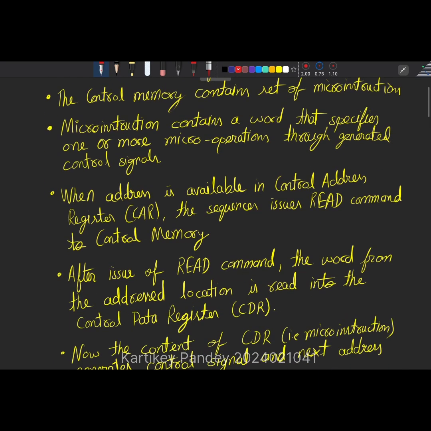After the issue of the read command, the word from the address location is read into the control data register. So when the address is available in CAR, the sequencer issues a read command to the control memory, and then after the issue of the read command, the word from the address location is read and written into the control data register, which contains the micro instruction that is to be executed.